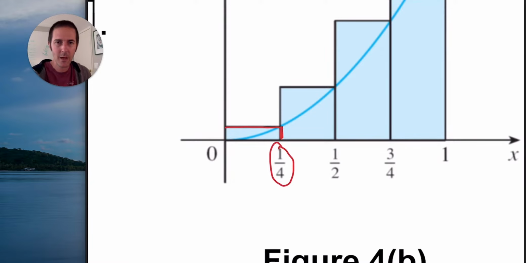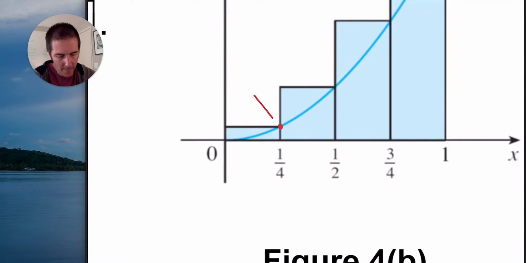In order to find the area of that rectangle, I know how wide it is. Right, it has a width of 1/4, but how tall is it? Well, the height of the rectangle is whatever the y value is when x equals 1/4.